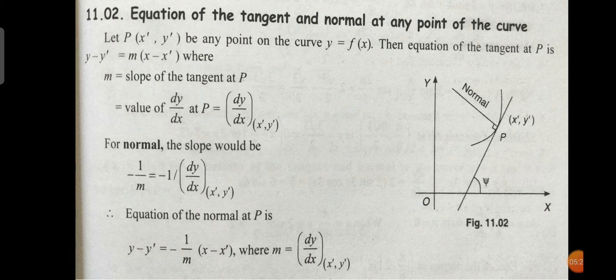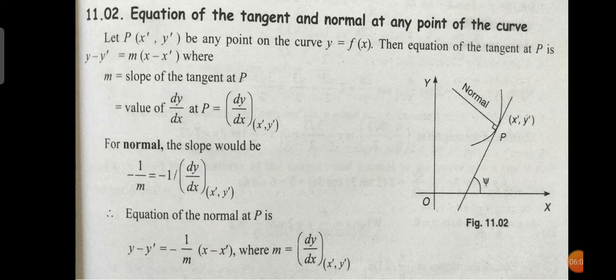It is a parabola, and P is x dash, y dash, the point marked. Then the equation of the tangent at P is y minus y dash is equal to m into x minus x dash. You have studied that equation in the previous year.